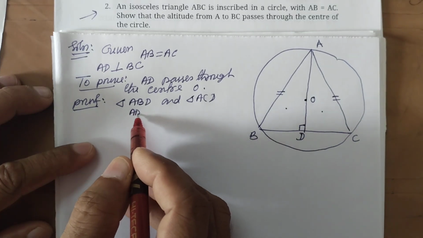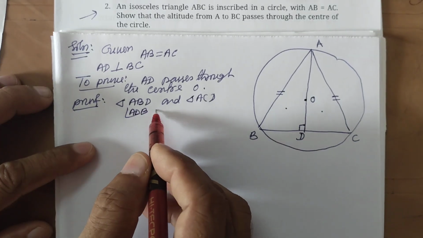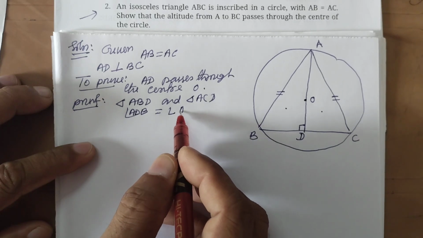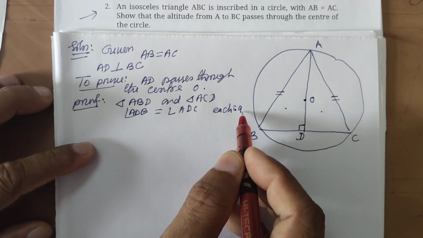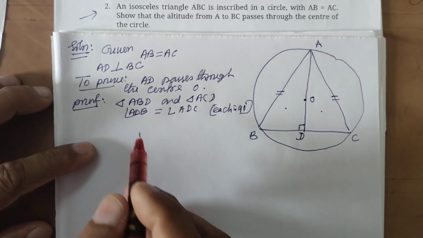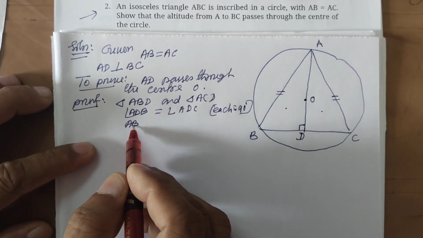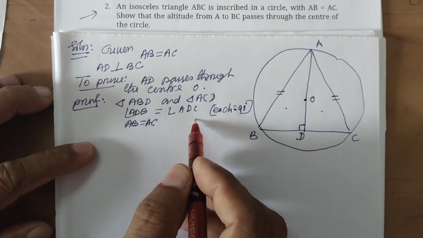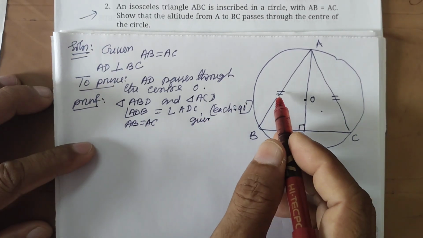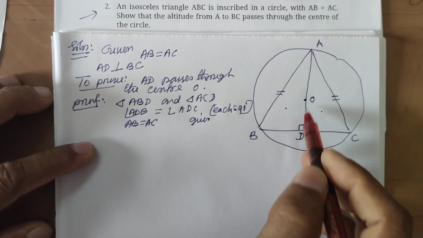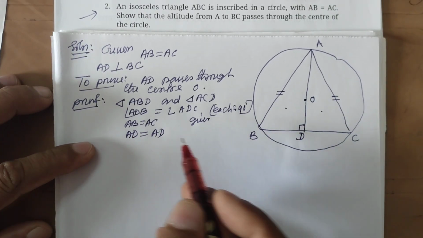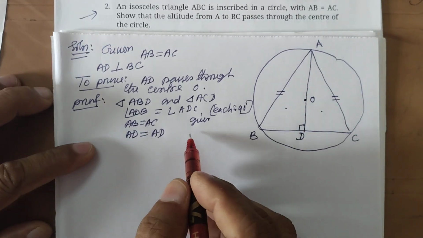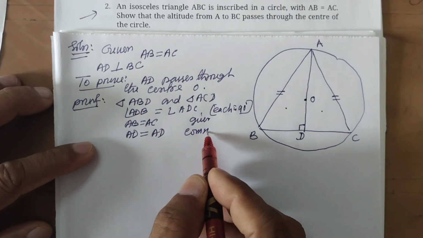Angle ADB is equal to angle ADC. The reason is each is 90 degree. And then it is given AB is equal to AC. It is given this side equal to this side. And then AD equal to AD because it is common side.